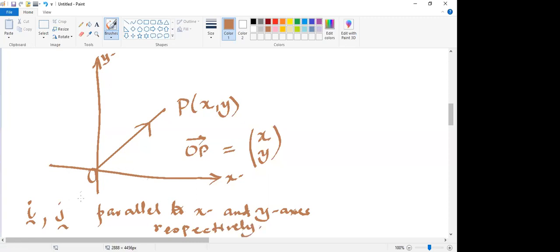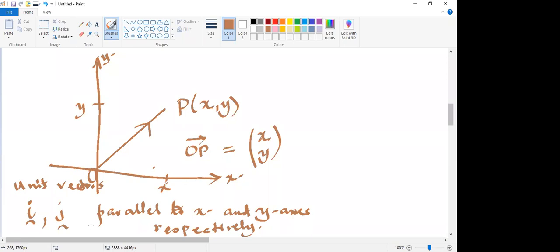It is also important to mention that they are unity vectors. They are one unit. So I and J are unity vectors parallel to the x and y axis respectively. So when I say this is the point x, y, it means this is x units and this is y units to give us the point x, y.